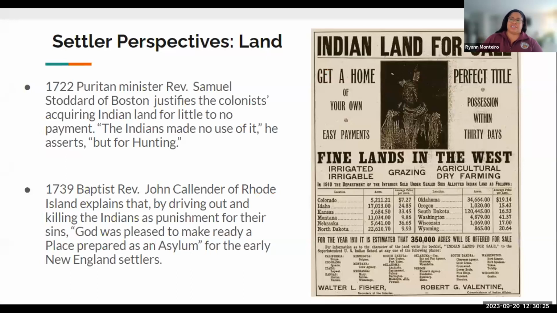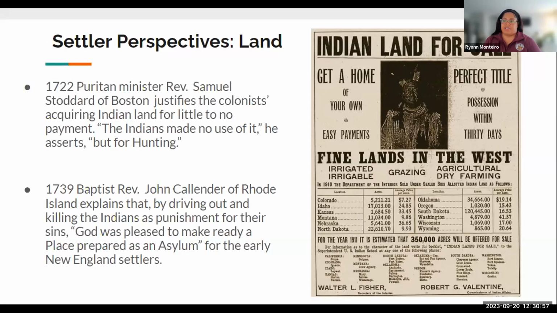Another really great example of settler versus indigenous perspectives on land, which is very illuminating to me, is a quote by Reverend Samuel Stoddard of Boston in 1722, who justifies the colonists' acquisition of Indian land for little to no payment, as the Indians made no use of it but for hunting.